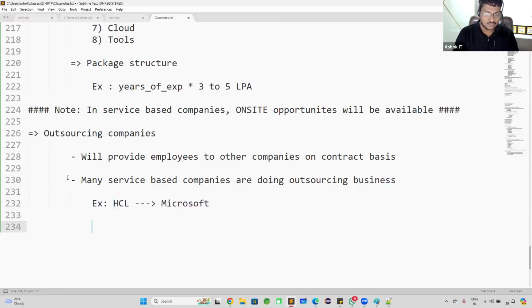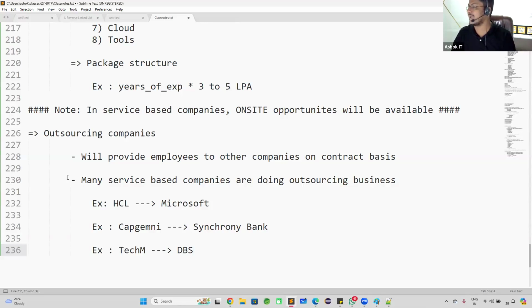Now, if you see Cognizant or Capgemini, Capgemini employees are working for Synchrony Bank. And Tech Mahindra people are working for DBS Bank.